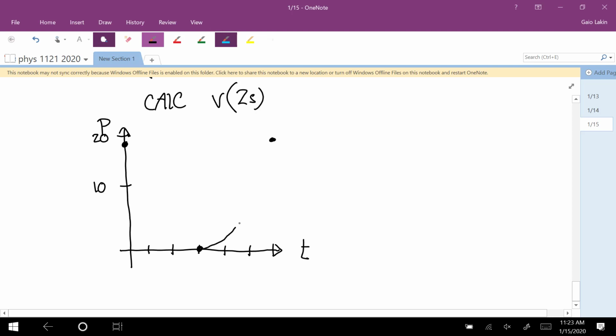And it's a parabola, so it's going to look something like this. Okay, so these times are 0, 1 second, 2, 3, 4, 5, 6.